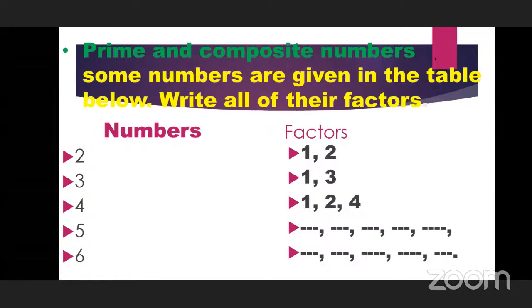See the column of factors. What are the factors of 2? The factors of 2 are 1 and itself, 2. So how many factors does 2 have? Two factors, 1 and 2, where 2 is the number itself. Next, 3: the factors are 1 and the number itself, 3.